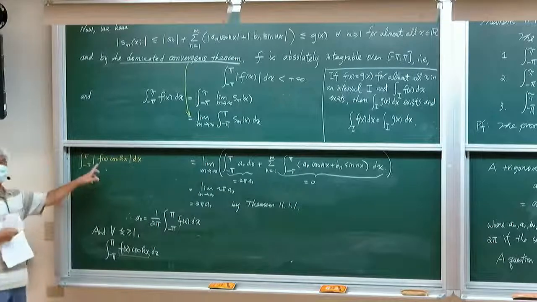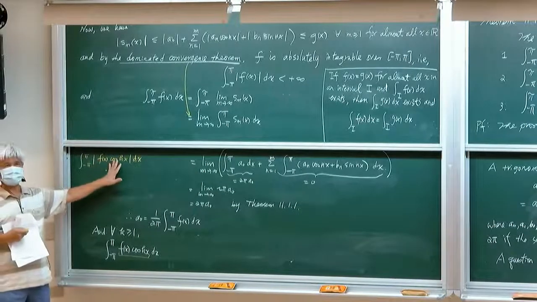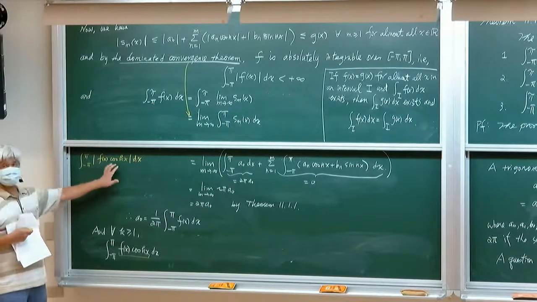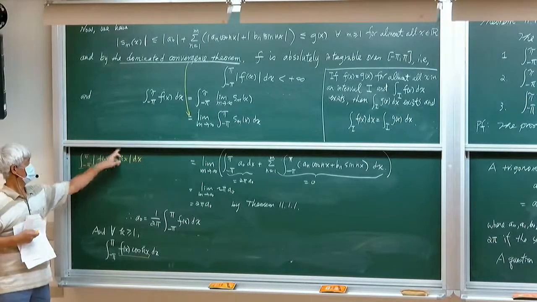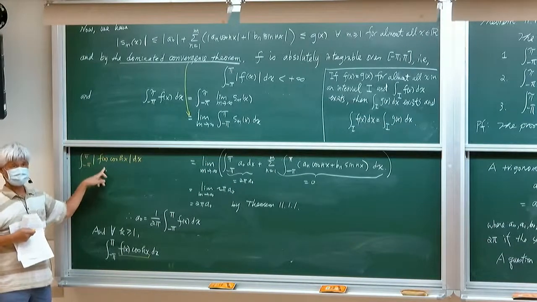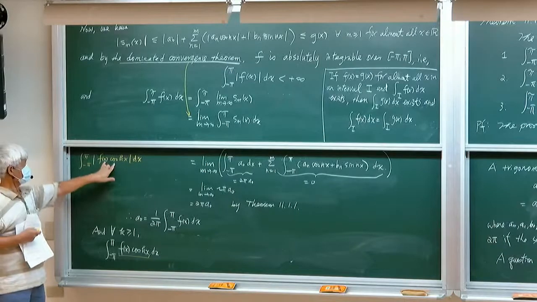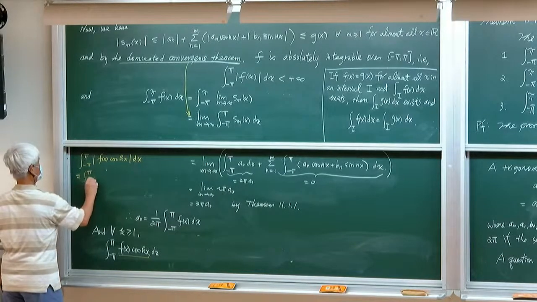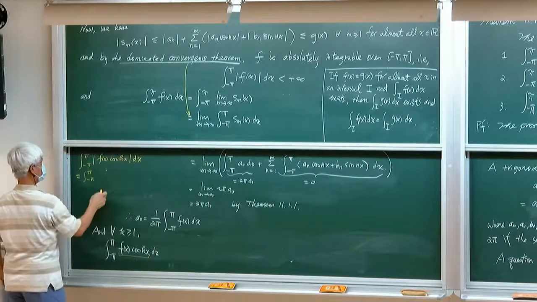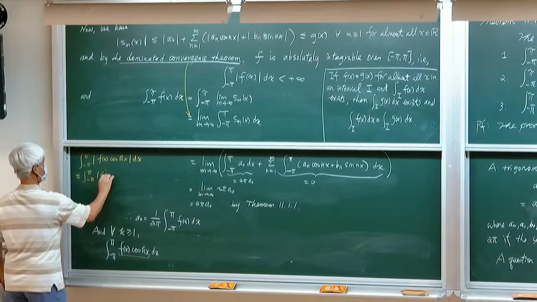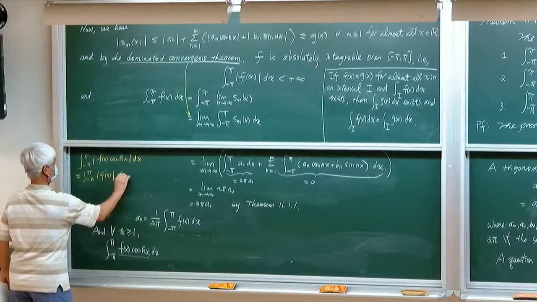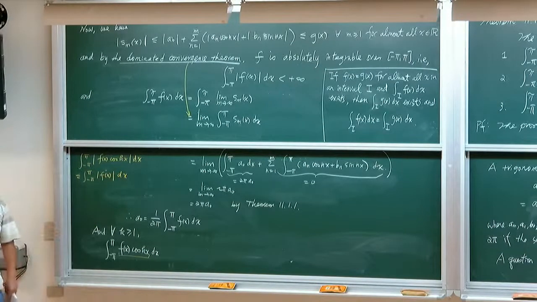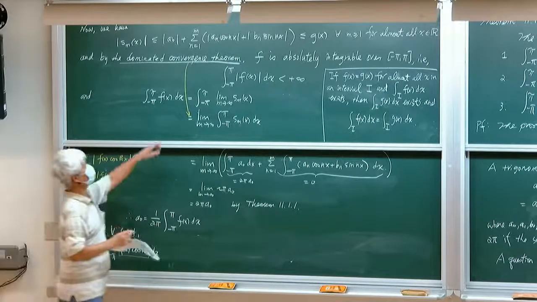Now here I evaluate the integral of the absolute value of this product. As we know, because the absolute value of the cosine function is less than or equal to 1, it is upper bounded by this one, which once again is finite, right?